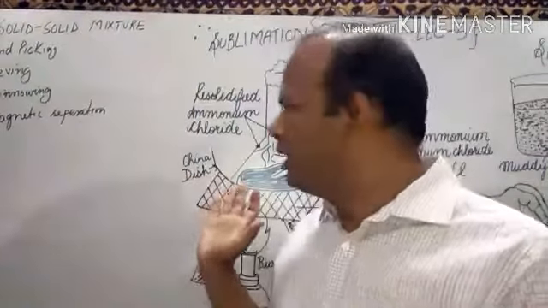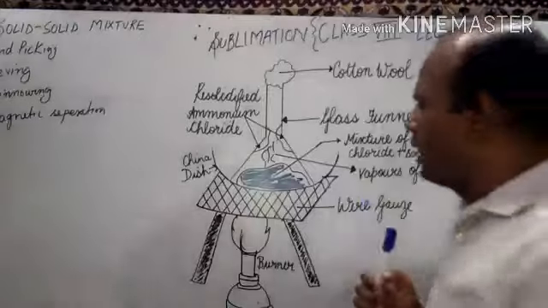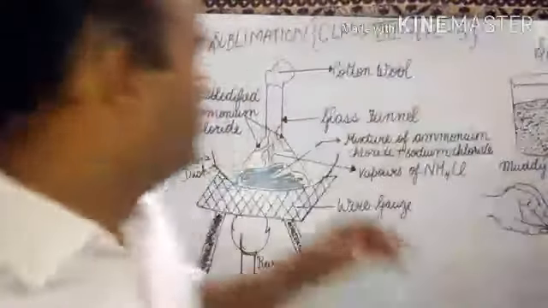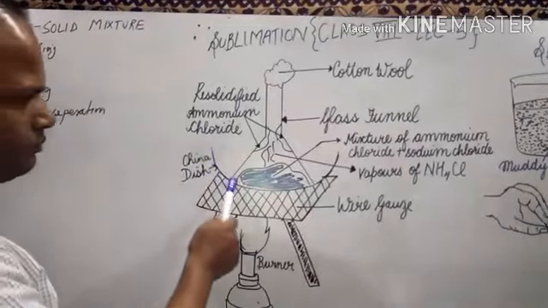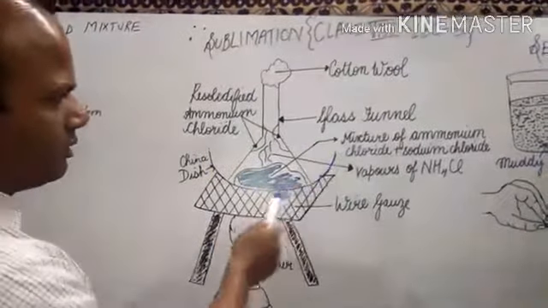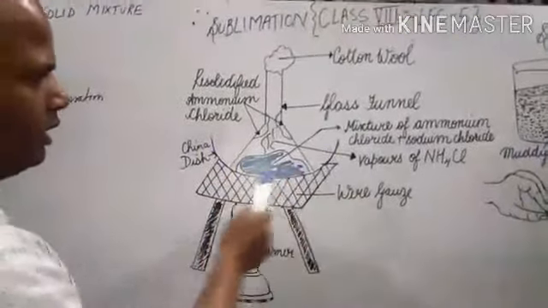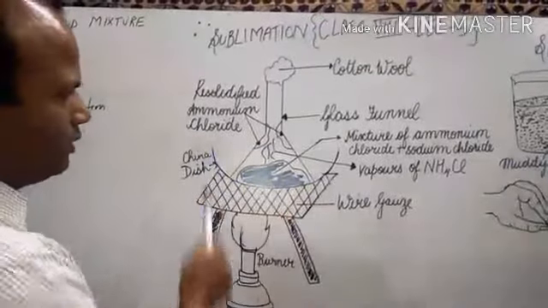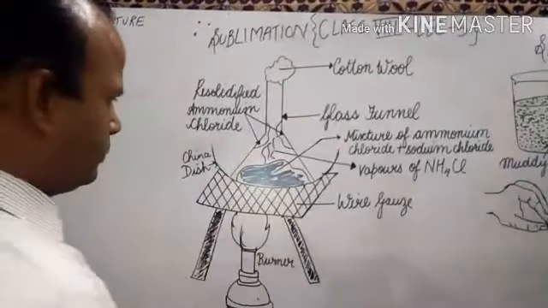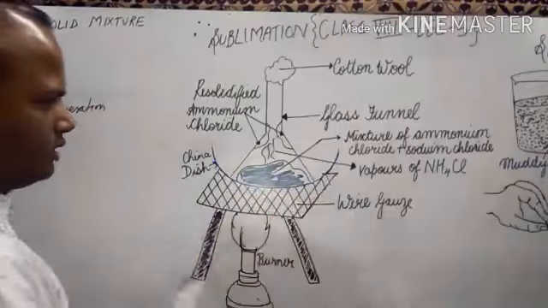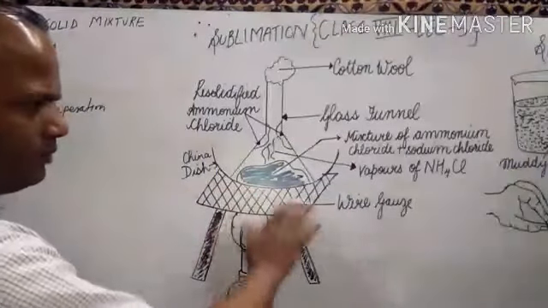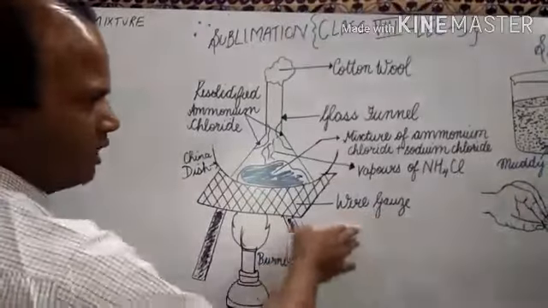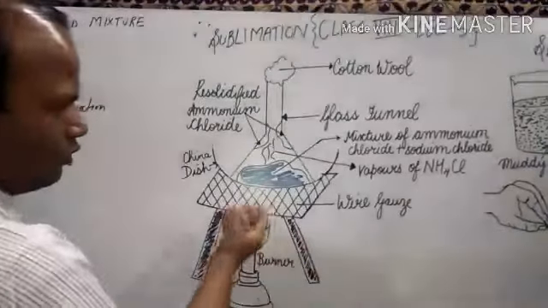So here we have a diagram also. We have a china dish. Why do we take a china dish? Because it is good resistant to heat and will not easily break down on applying heat. Then we have a net type of iron net, known in chemistry as wire gauze.